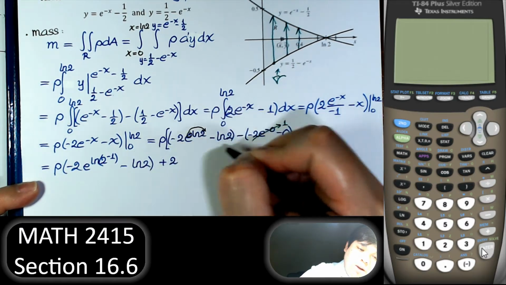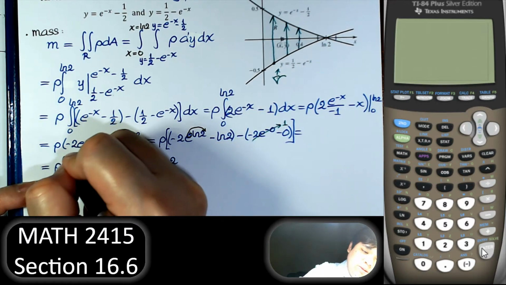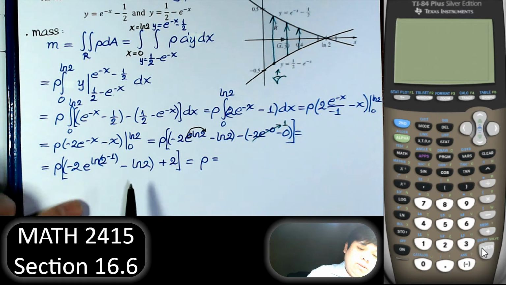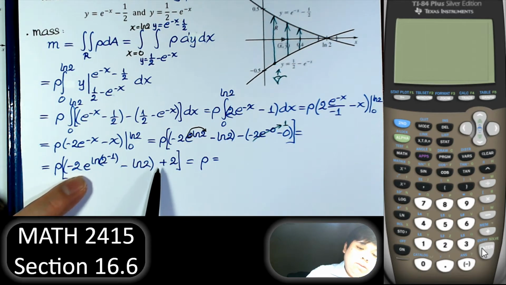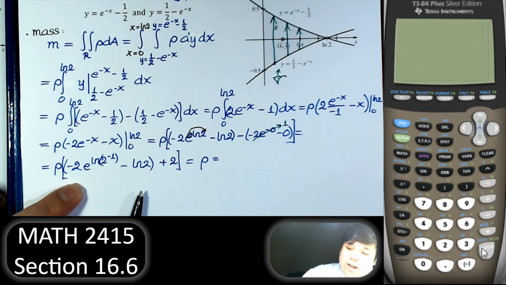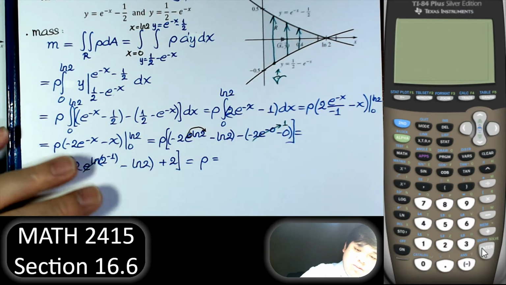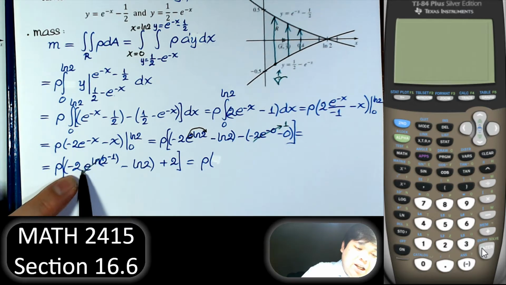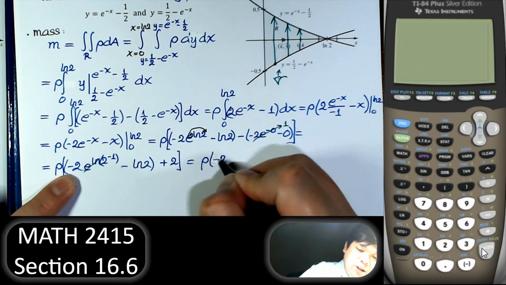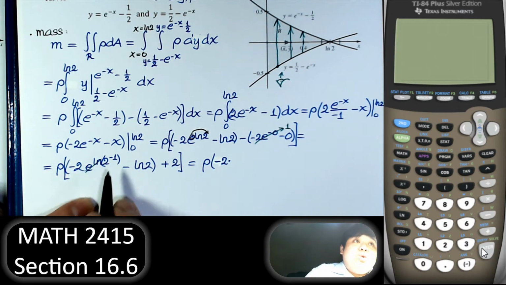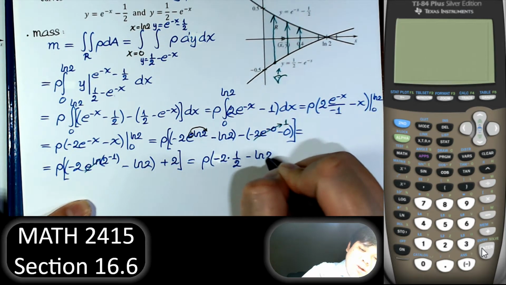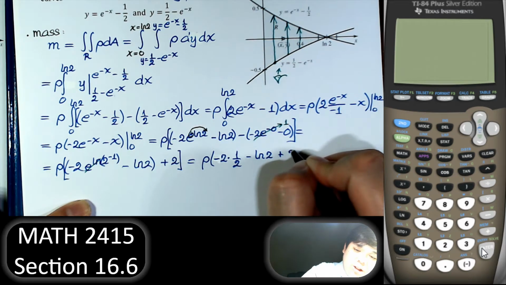Rho multiplies the whole thing. E and ln cancel out. So we have negative 2 times 2 to the negative 1, which is 1/2, minus ln of 2, and then plus 2.